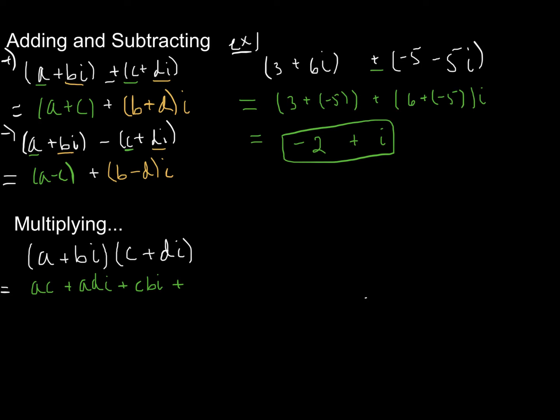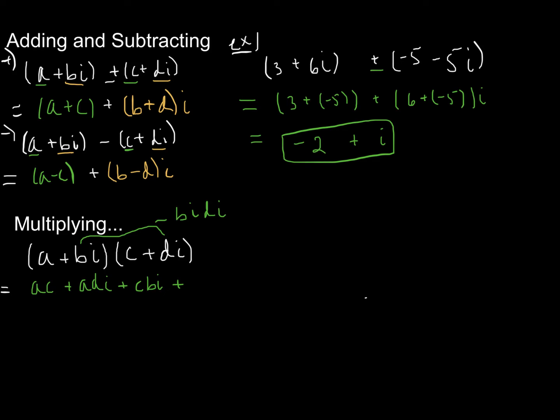So if I multiply bi times di, first thing that I'll just write is that I have b times i times d times i. Now, notice that this is all multiplication. And so remind yourself that multiplication has a really cool property called the commutative property.